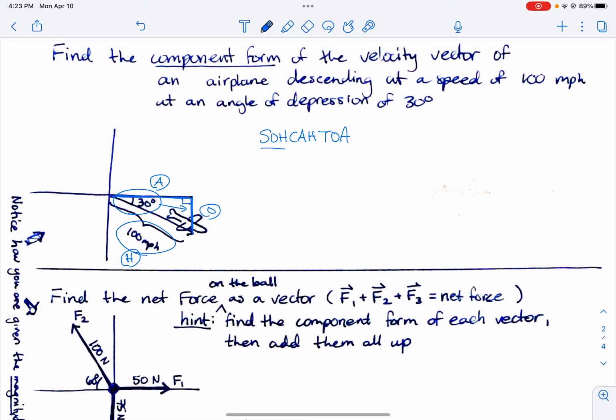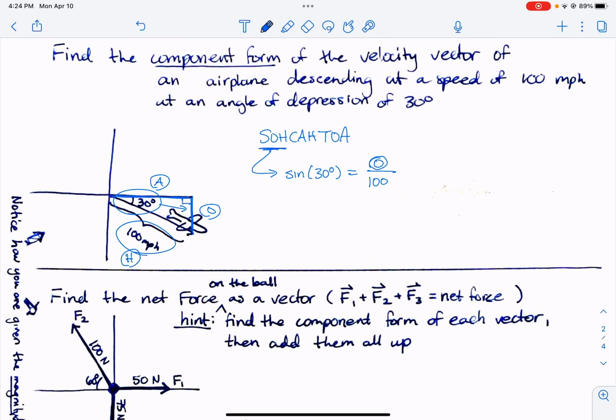The SO part will give me the opposite side. It tells me that sine of 30 degrees is equal to the opposite over 100 miles per hour. And I'll put another circle around this just so that's an O, not a 0.